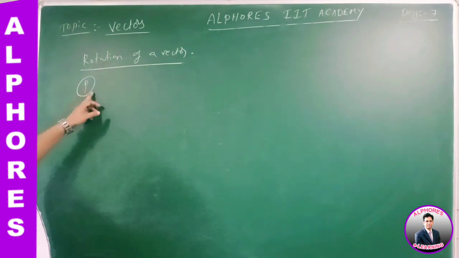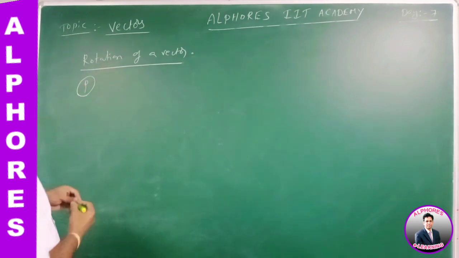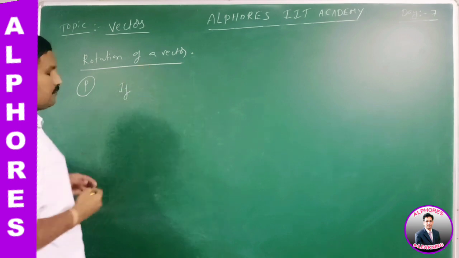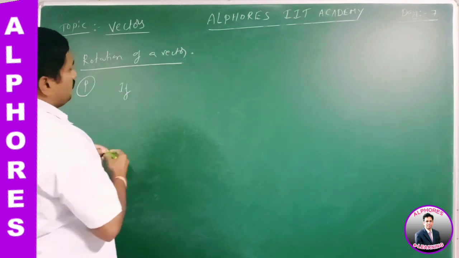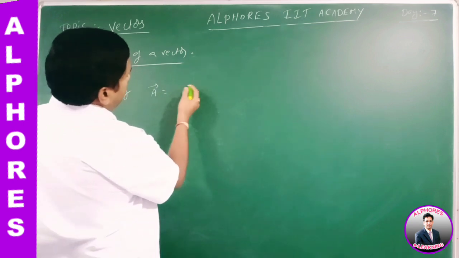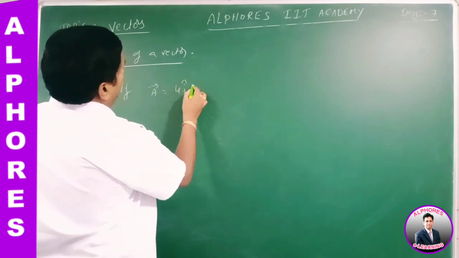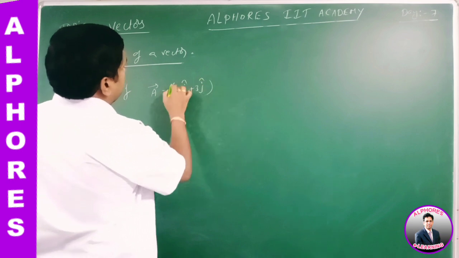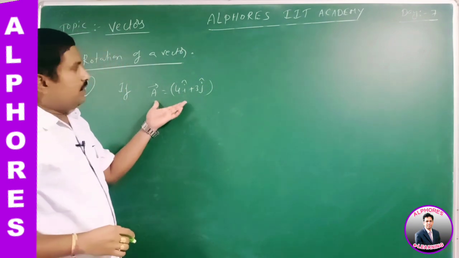Now I have to discuss one problem based on the rotation of a vector. Let us say again a bar is equal to 4i cap plus 3j cap. This is the initial vector I am giving.